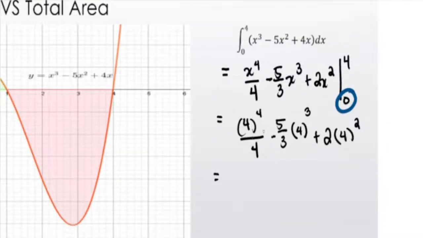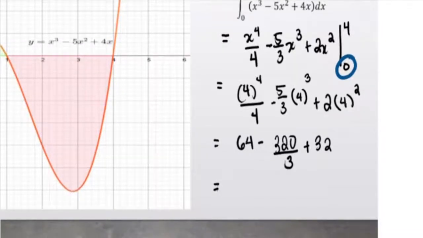Okay, loss of exponents, this would be 4 cubed, which is 64. And then 4 cubed is 64 times 5, 320, then over 3. Then we have 2 times 4 squared, or 2 times 16, so that is 32. Simplify and solve.